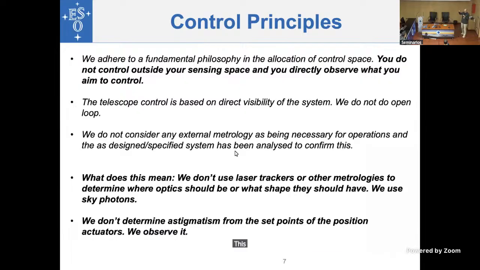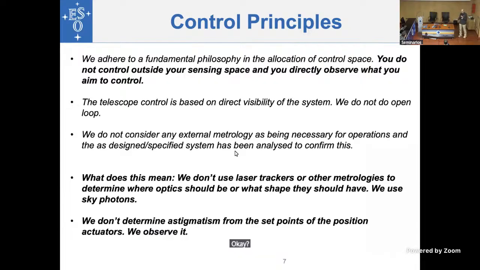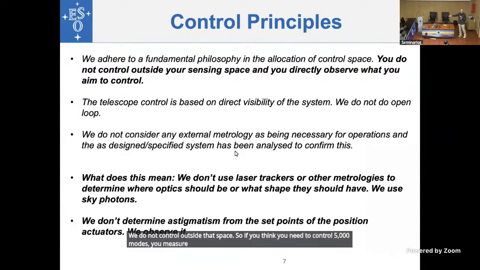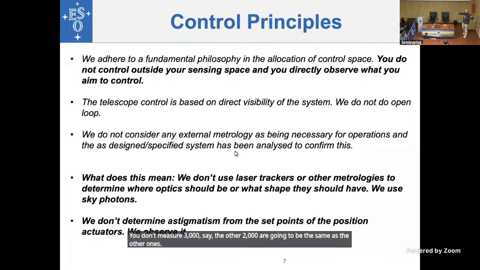We observe the state, and we fix what we observe. This is a requirement on all the systems. We do not control outside that space. So if you think you need to control 5,000 modes, you measure 5,000 modes. You don't measure 3,000 and say the other 2,000 are going to be the same as the other ones. We never do.